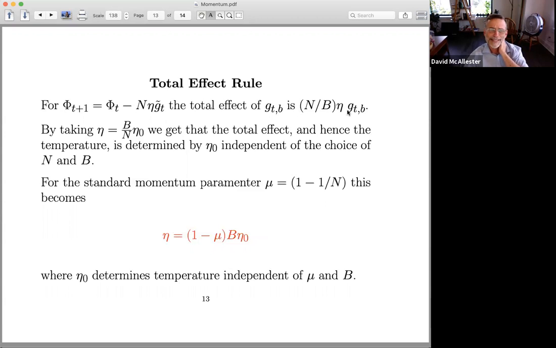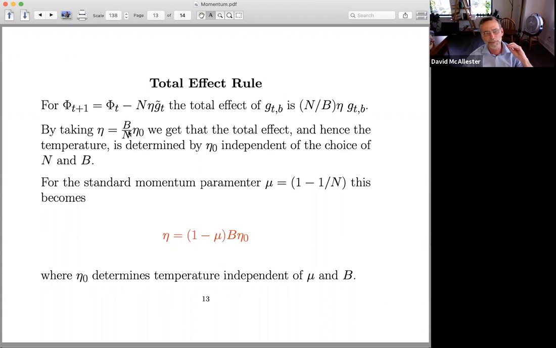So if the total effect is this, and I take eta to be b over n times eta 0, that cancels this b over n, and I get that the effect of this thing is just eta 0. So this rule will make the temperature independent of the batch size and the momentum parameter.